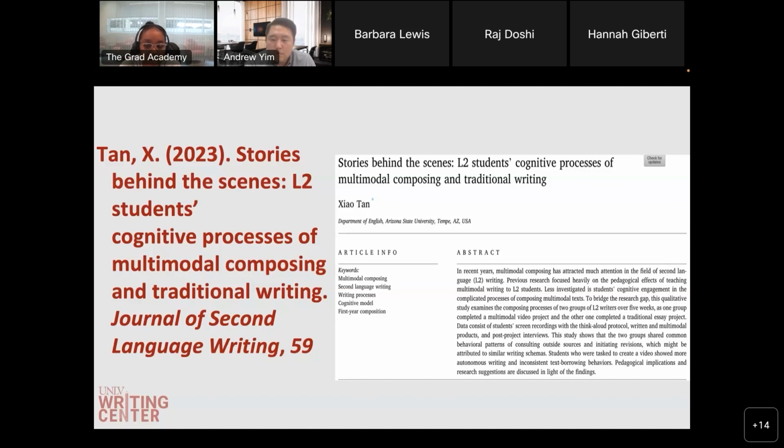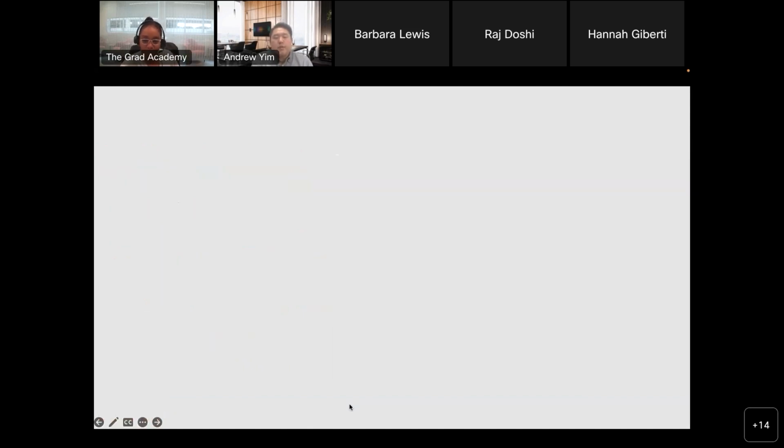Raj mentioned that the methods are described as a qualitative study and talk about the test groups and what they will be undergoing. And Hannah wrote that the results come in with, begin quote, this study shows, end quote. Cool. So we can go into the answers then.